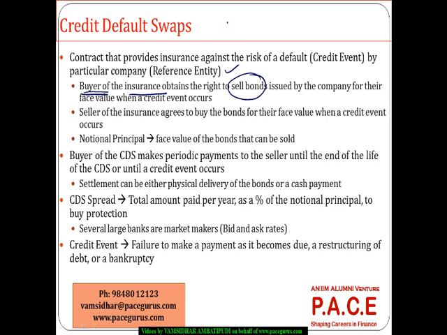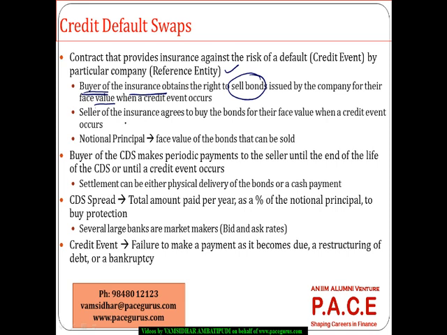In our example, A has purchased the bond, right? A can sell the bonds for a face value when a credit event occurs. So A can sell the bonds to C and C will compensate the face value to A. So A is completely protected from the losses that are occurring because of B's default.